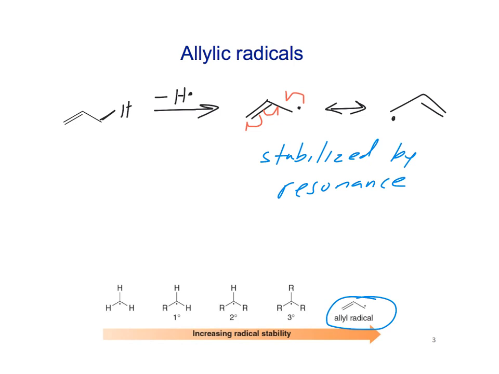Okay? Another type of radical that's similar to this, and I'm going to kind of include it in this, is radicals that are generated at this position here. Do you know what the position next to a benzene ring is called? This is the benzylic position, right?